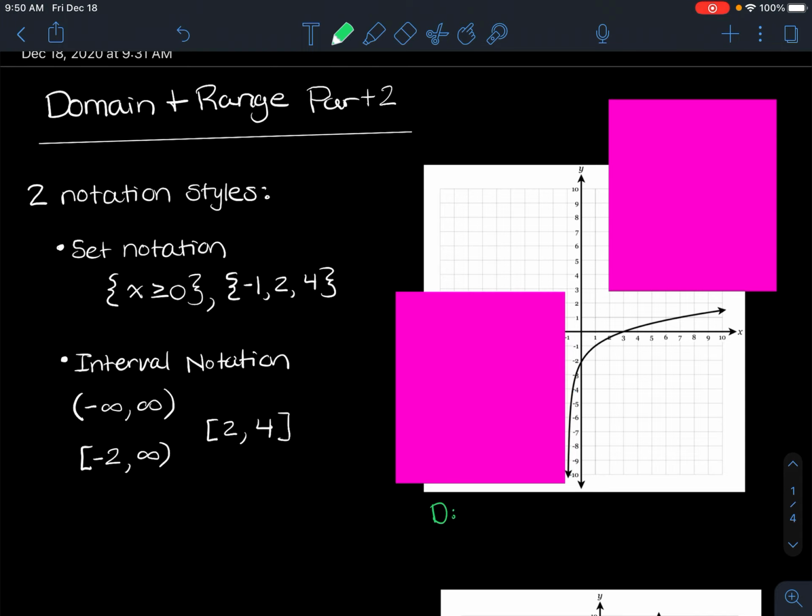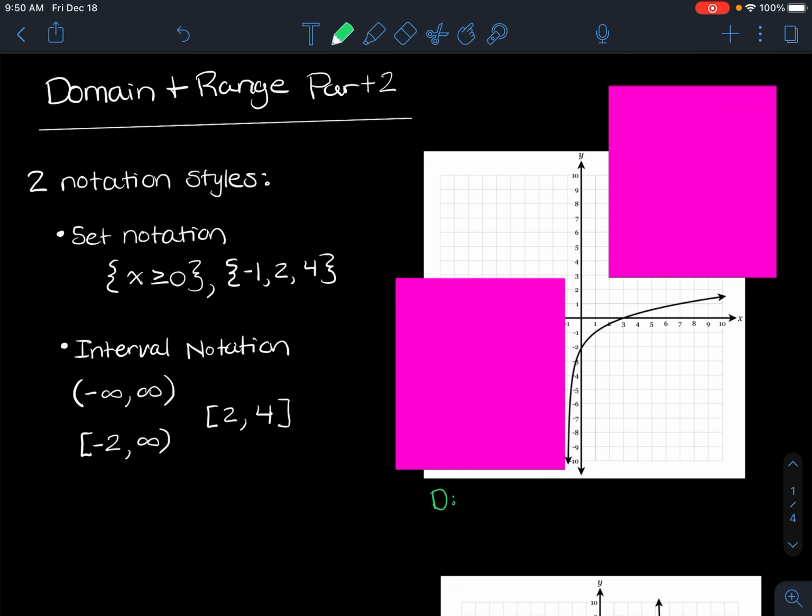Okay, that's where my function kind of drops off the face of the earth, is at -1. Okay, and then this arrow over here means that my function will keep going in that direction forever. So way over here to the right hand side is actually infinity. So my interval is going to be from -1 to infinity.